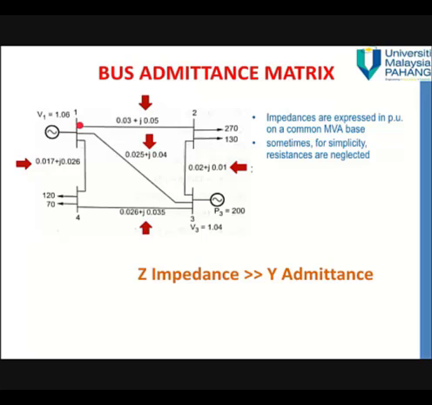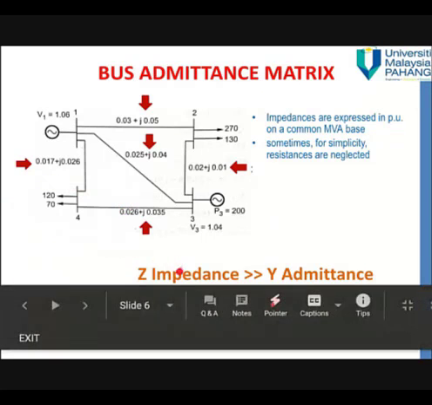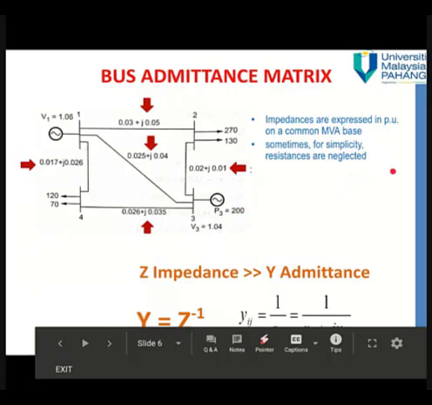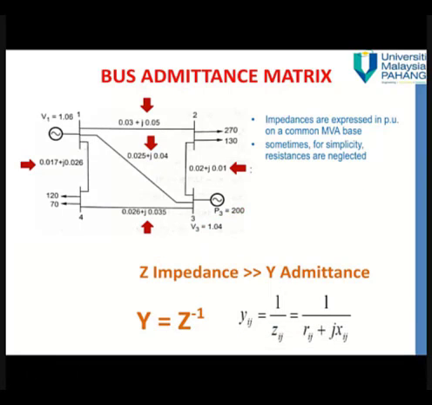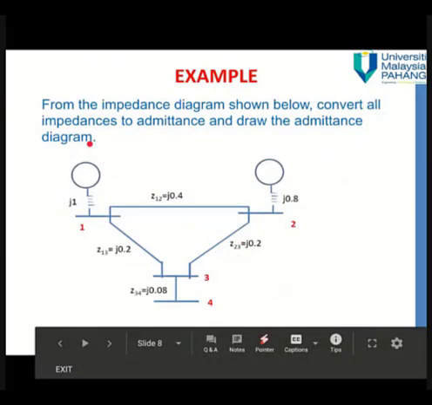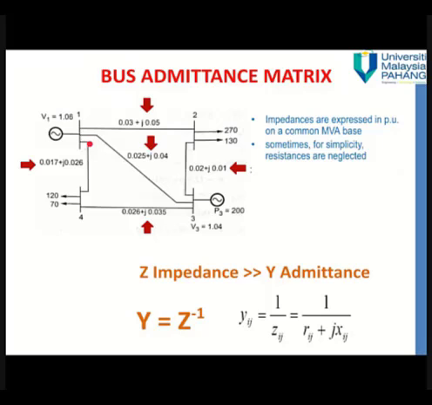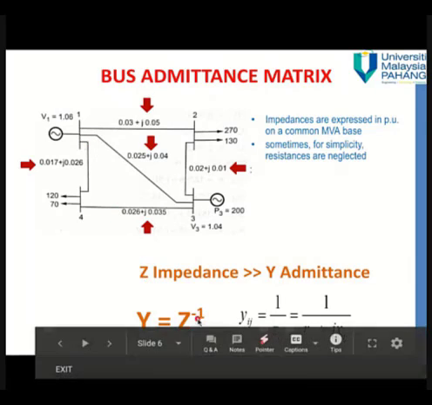So we need to change this Z into Y. So the equation is 1 over Z. So that is Yij.